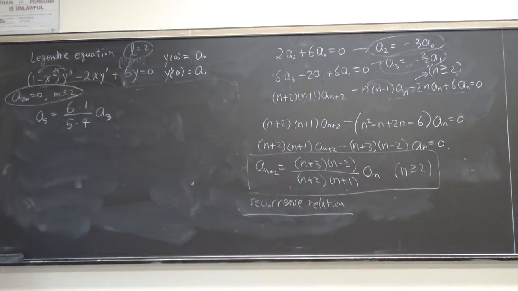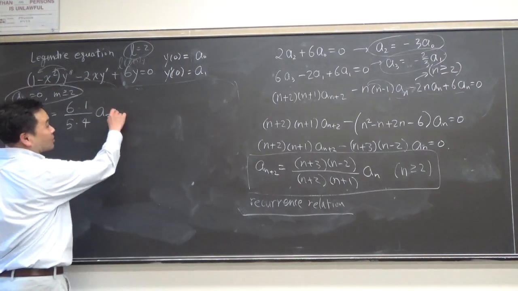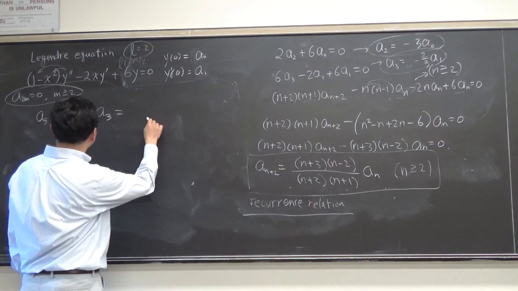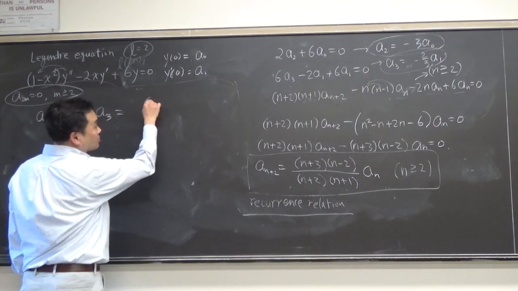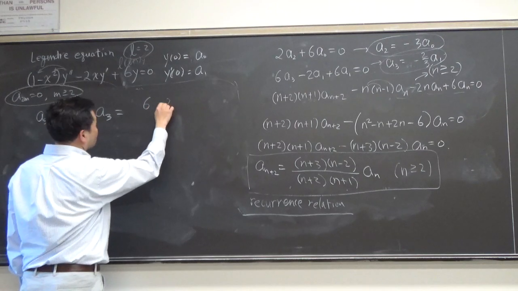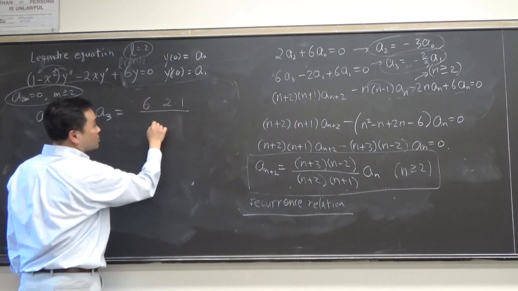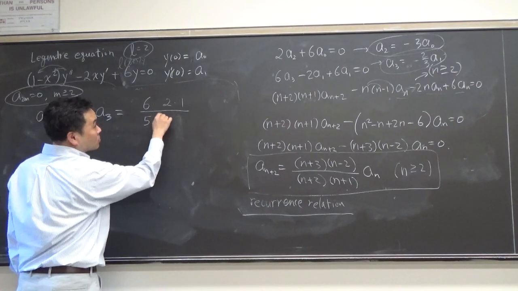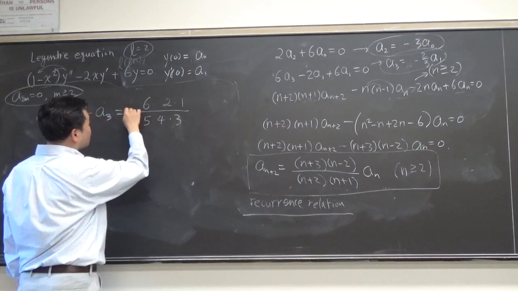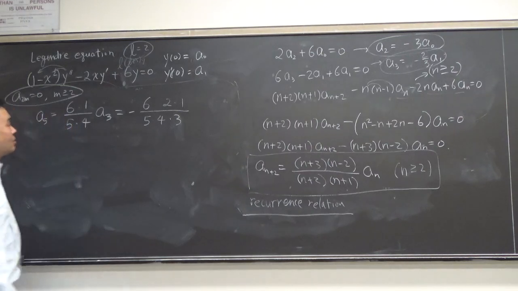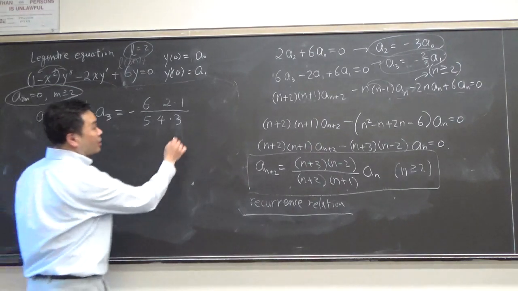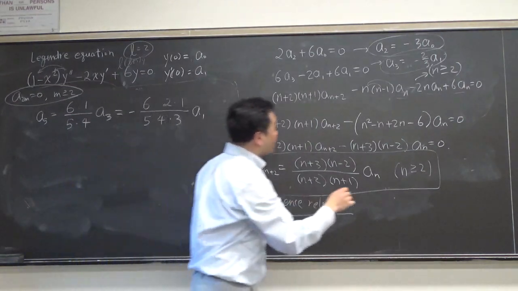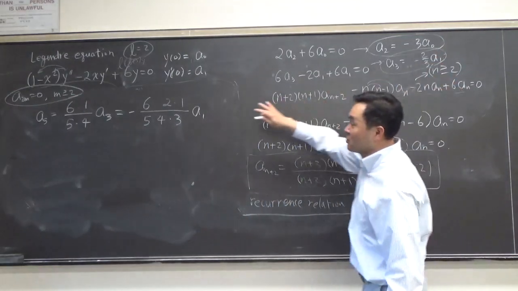All right. So you get that, which, if you rewrite this, is 3 over 6 times 2 times 1 over 5 times 4 times 3 with a minus, right? A1. Okay, so I'm just sticking in this 2 and 3 down here.